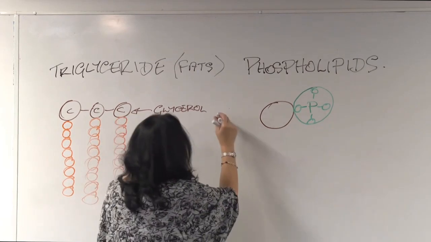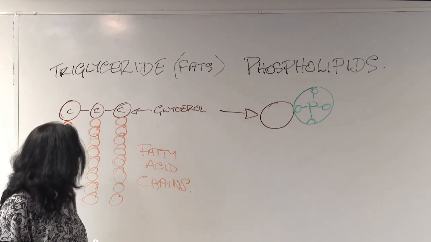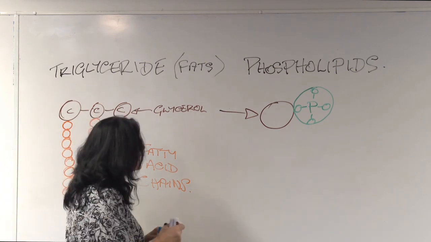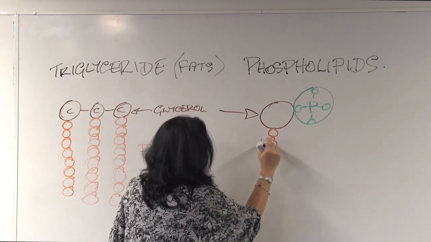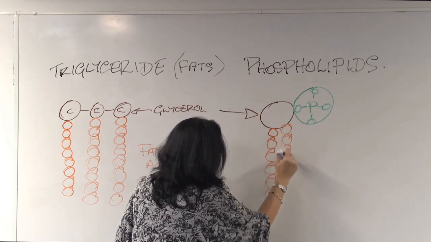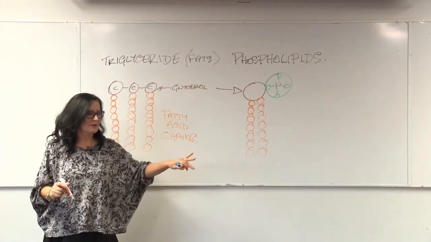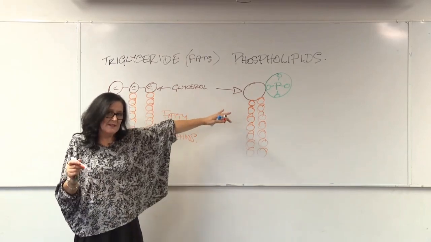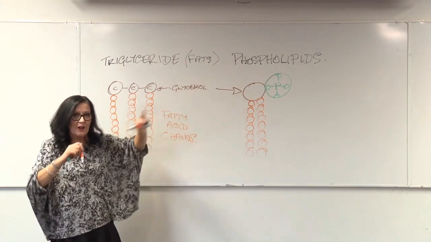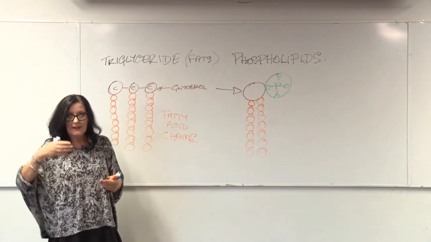In this case, whereas here we had 3 fatty acid chains, we only have 2 in terms of phospholipids. So let's have one there and one there. 2 lipid tails. And these form the center of the plasma membrane. The glycerol and the phosphate are on the outside, either side of the plasma membrane. We'll talk about that in the next part.